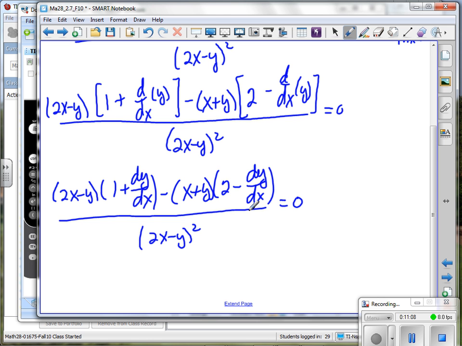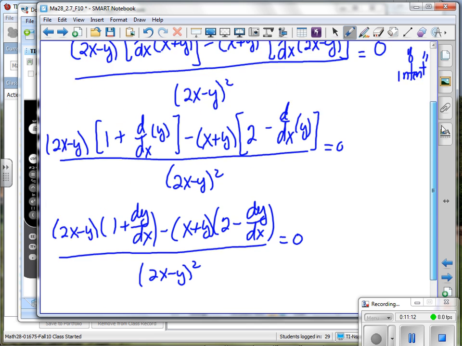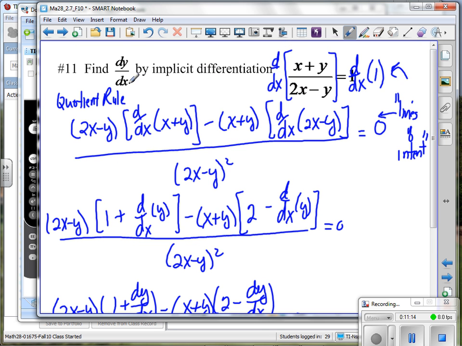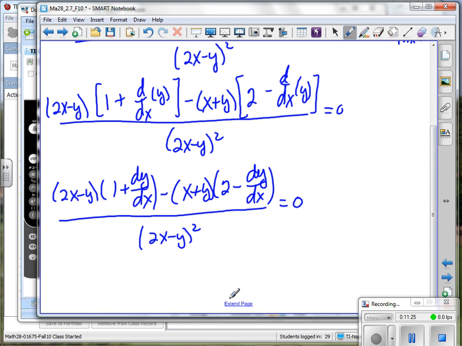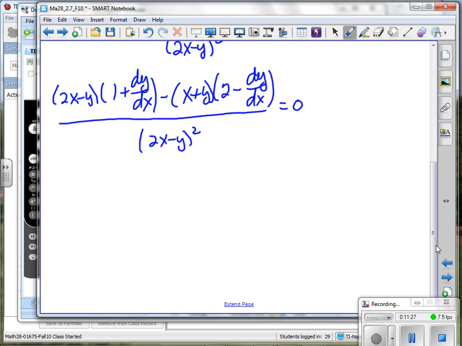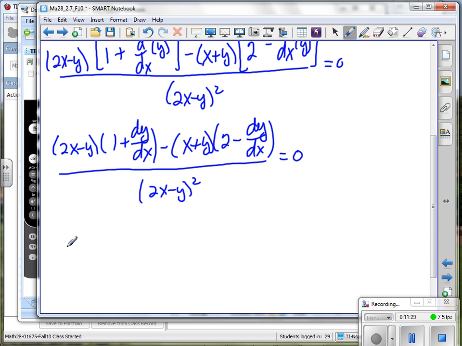What am I trying to do with this problem? Go to the top again. What did it say? Yeah, we need to determine an expression for dy dx, for the derivative. So, how close are we? Can I solve for dy dx?